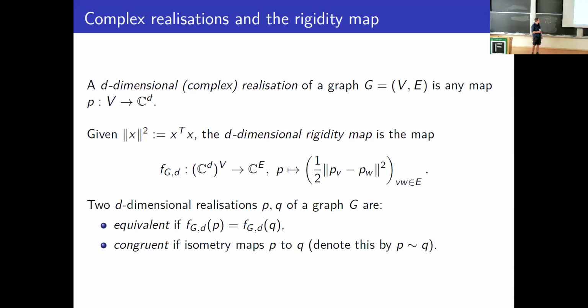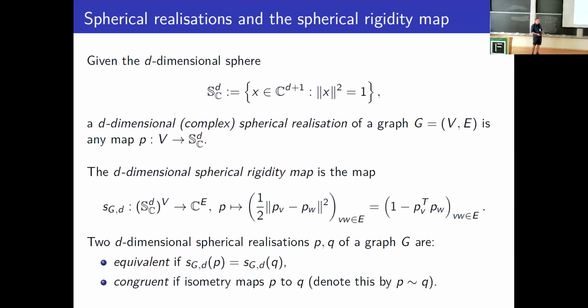The next one I want to mention, because we're doing planar and spherical, is exactly the same stuff, but spherical realizations. In this case, we're looking at the complex sphere, the complexification of the sphere, however you want to think about it. Worth thinking about, like I said, that this thing is going to be non-compact. We now look at complex spherical realizations, so just realizations that lie on the complex sphere.